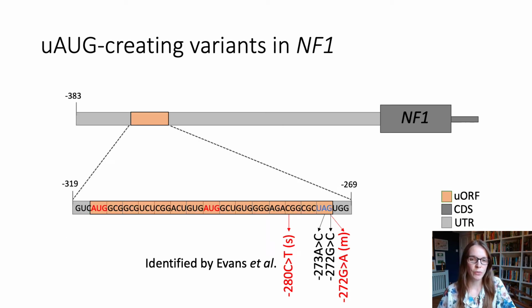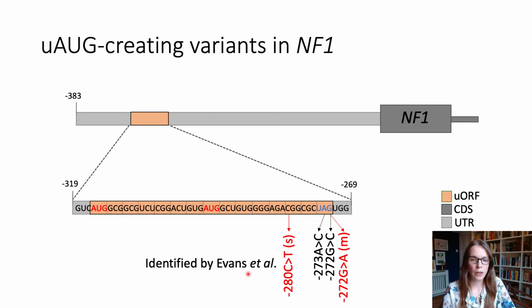So just to show you a few examples of that, we looked at variants within ClinVar that are upstream AUG creating variants that explain a large proportion of the known 5'UTR variants in ClinVar. Specifically, we found multiple variants within NF1 reported in patients with neurofibromatosis type 1, in a paper by Gareth Evans and team.